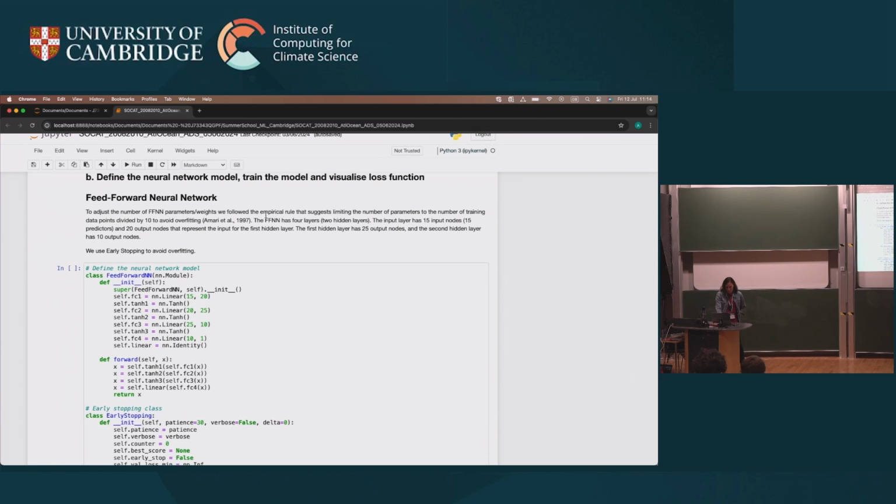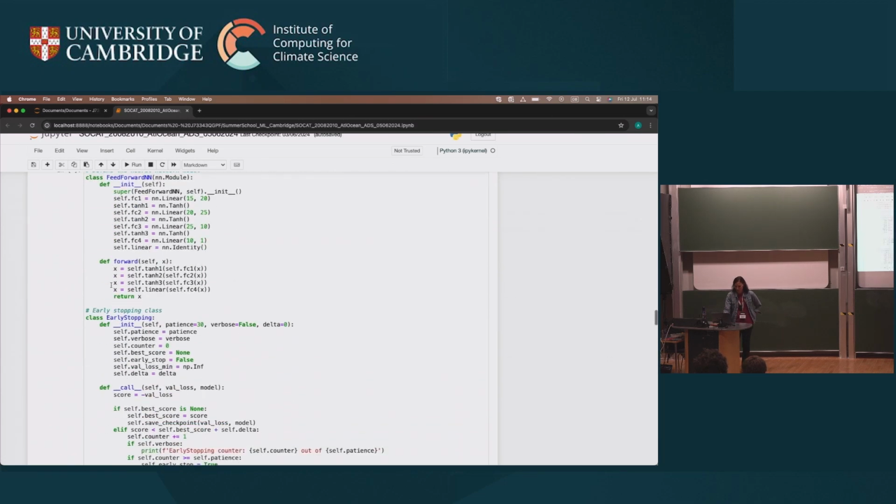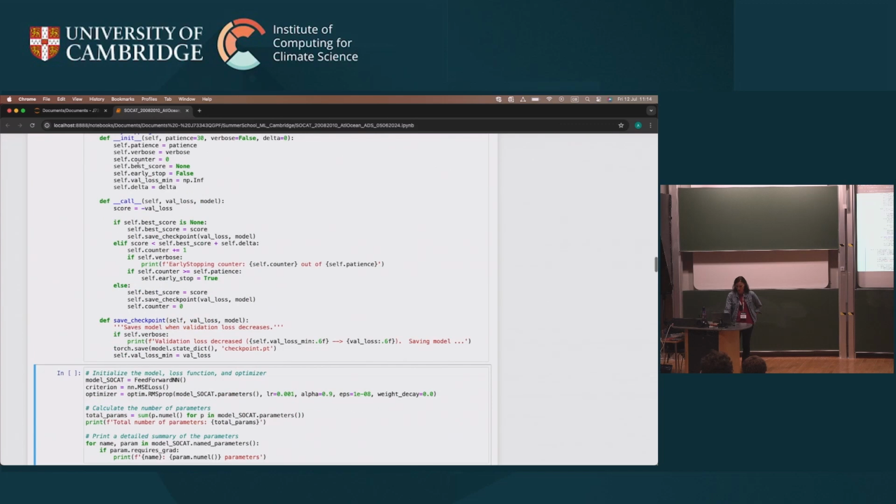We also follow an empirical rule that depends on the number of data you have for training: use a factor of 10 compared with the number of parameters that we introduce in our model.